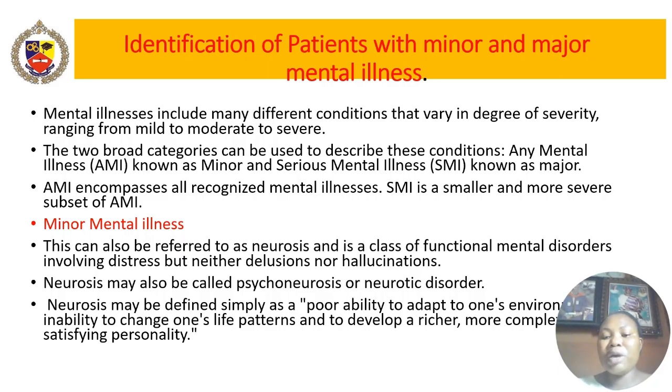You know that the symptoms of major mental illness include hallucinations, delusions, catatonia, and disorganized thoughts. So in minor mental illness, there won't be delusions or hallucinations, but it is a functional mental disorder that could involve distress. Neurosis may be called psychoneurosis or neurotic disorder.